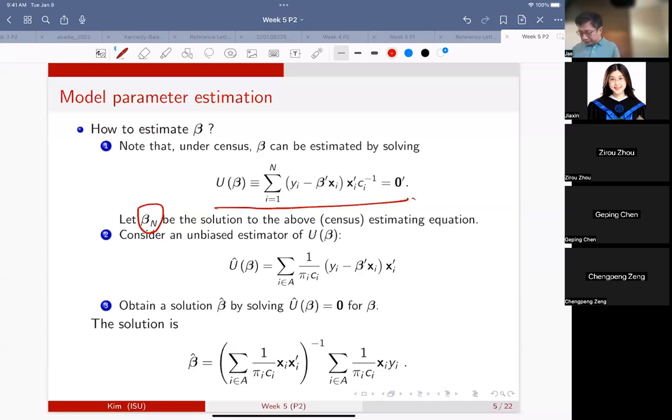Okay. And then the second step is to find a Horvitz-Thompson estimator for it. So basically you have this equation, but you estimate it from the sample.